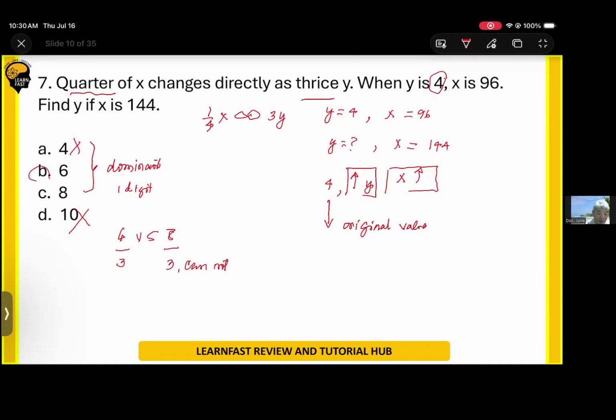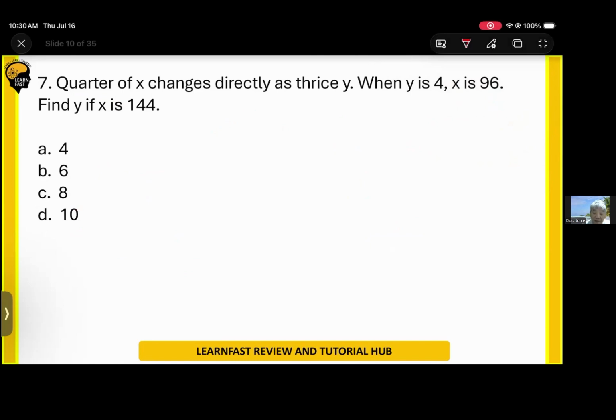Now let's solve this. We had a while ago 1/4 of x is proportional to thrice of y. So we rewrite this with the intent to remove the proportionality sign. We introduce the equal sign and then the constant k times 3y.